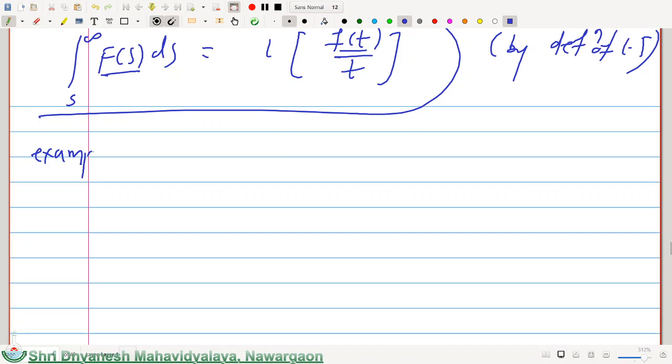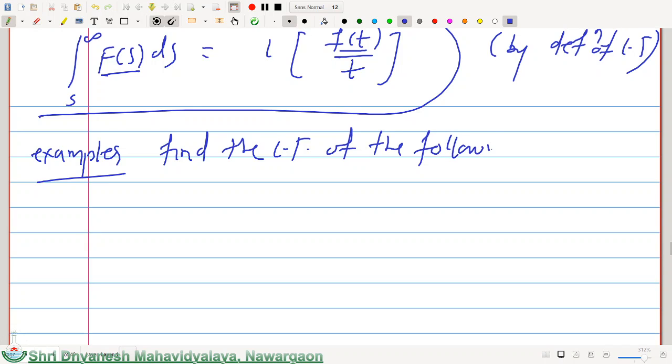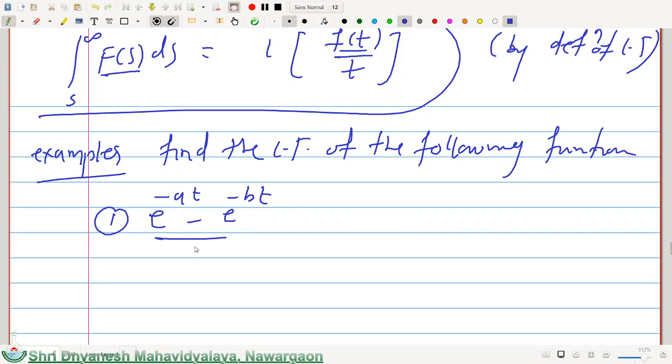Examples: find the Laplace transforms of the following functions. Number 1, e to the power minus at minus e to the power minus bt upon t.